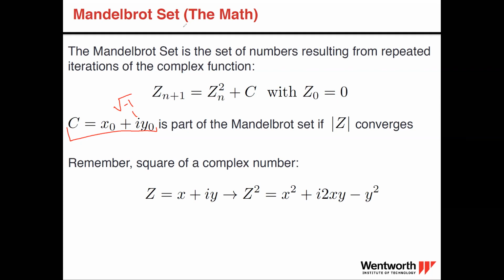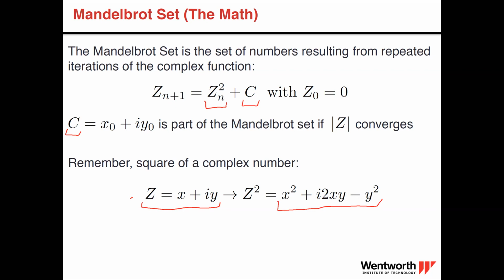That means that z here is also a complex number. So there's two things we need to know. What is c, because that's here on the right-hand side, and what is a complex number squared? So I write that out for you. If z is x plus iy, then z squared is x squared minus y squared plus i times 2xy.